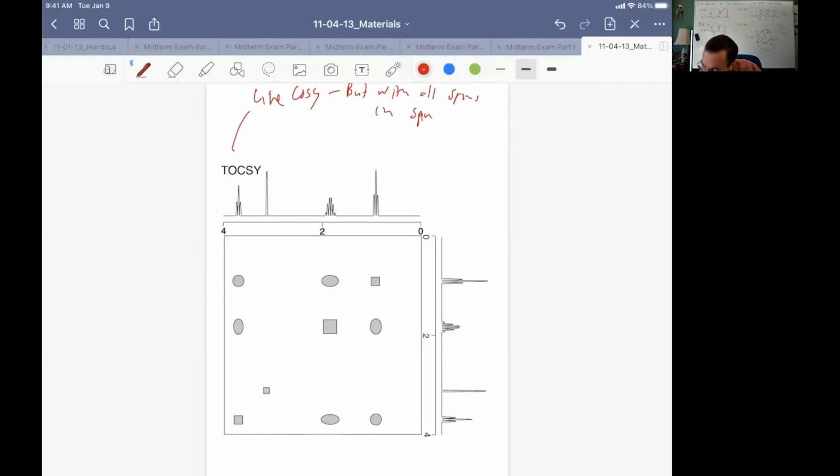And there are limits on that depending how far you go, but we can start by saying all spins in the spin system. In other words, we still have our diagonal. We still have our peaks corresponding to A, B, C, and D. And again, this is our propanol example.